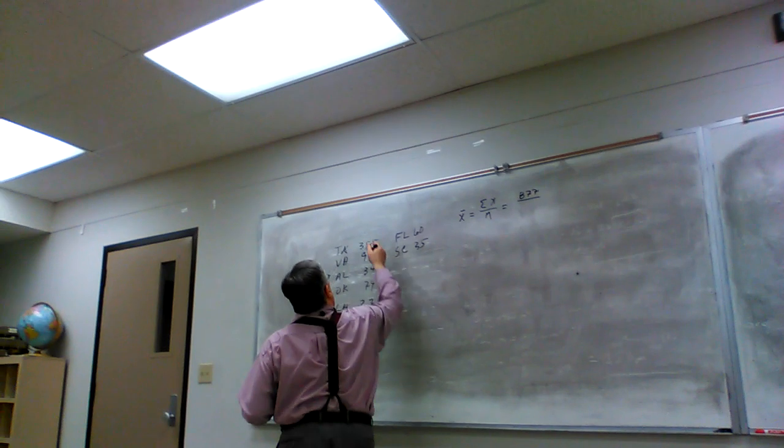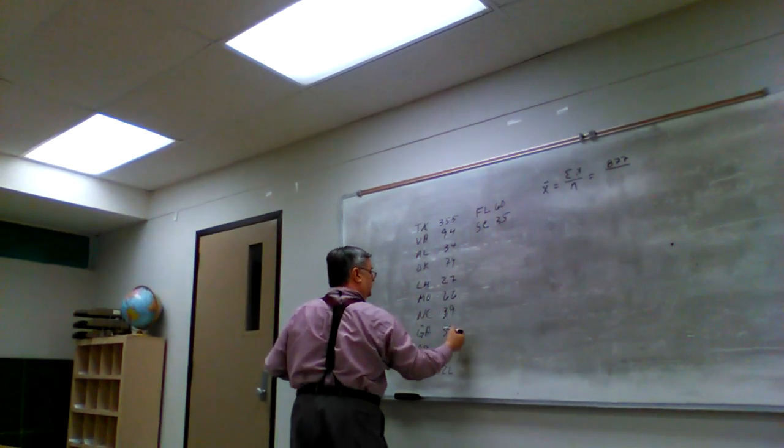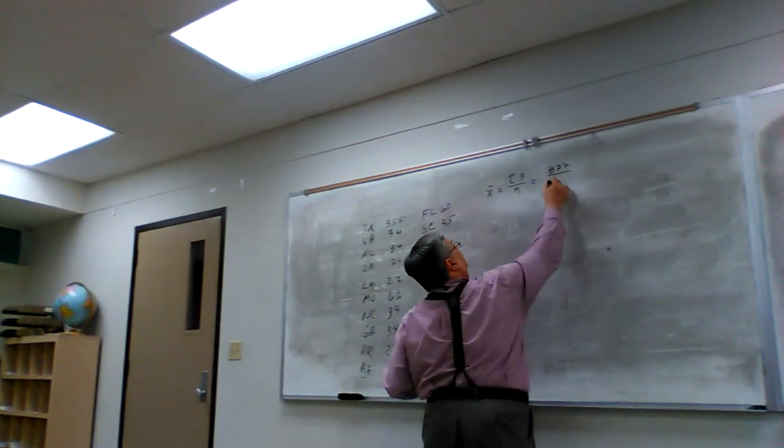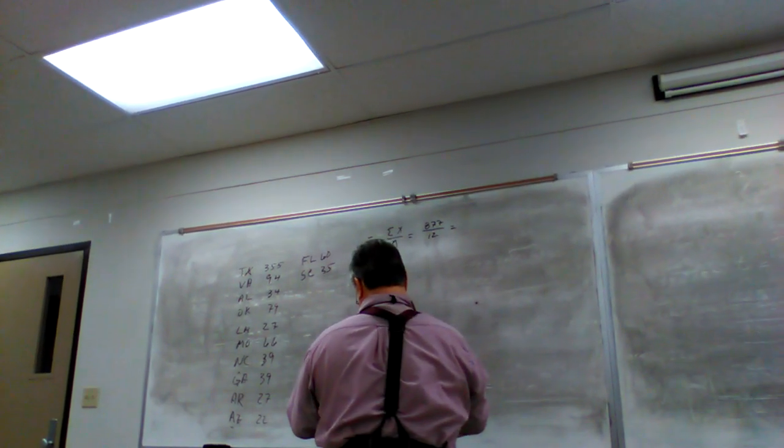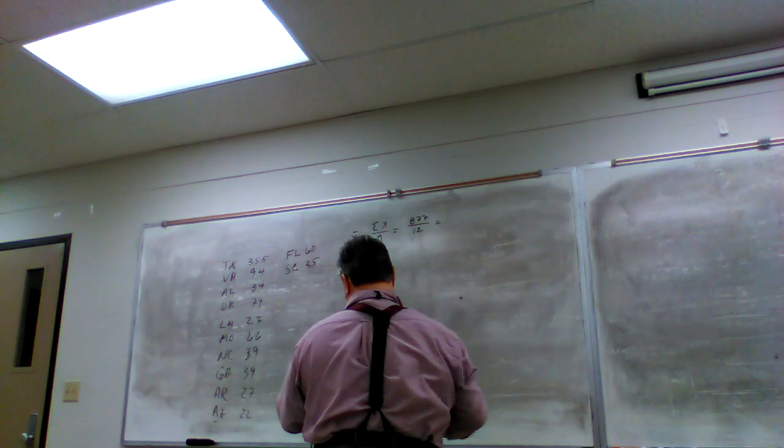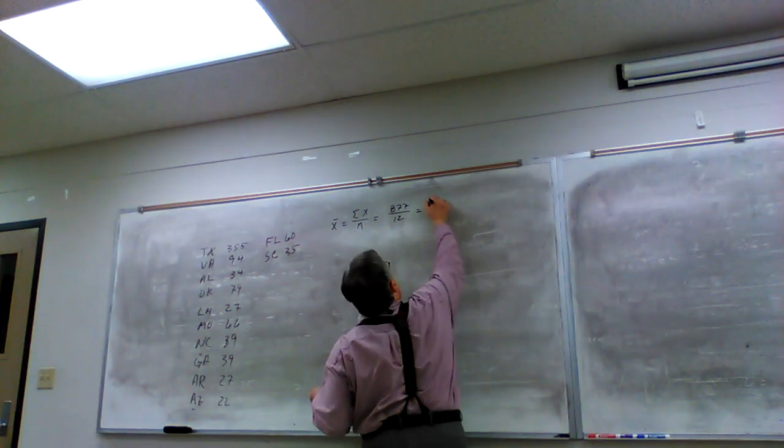Divided by 1, 2, 3, 4, 5, 6, 7, 8, 9, 10, 11, 12, for a mean of 73.08.